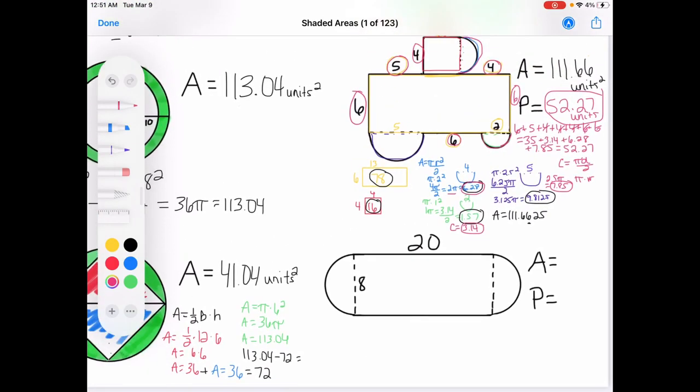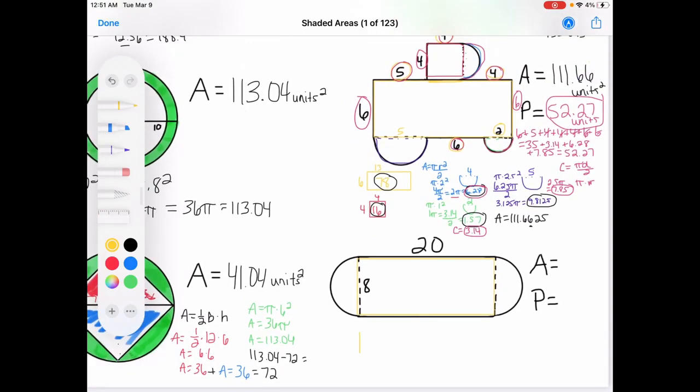And then last one, this one's a lot easier because I just have a lot less parts. So if I look here at my rectangle, I have a rectangle that is 20 units by 8 units. So 20 by 8, which tells me that my area would be 160 square units.